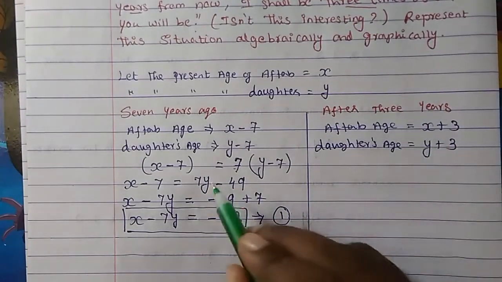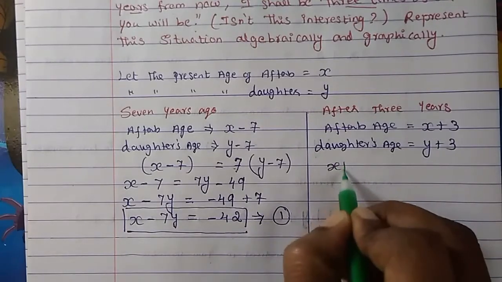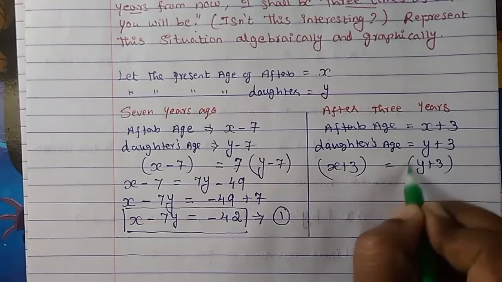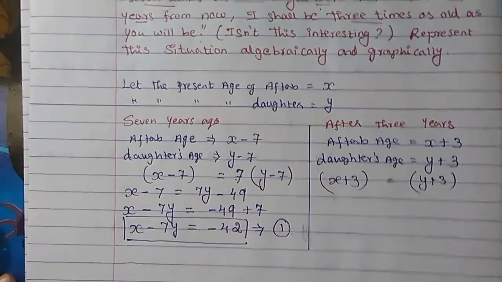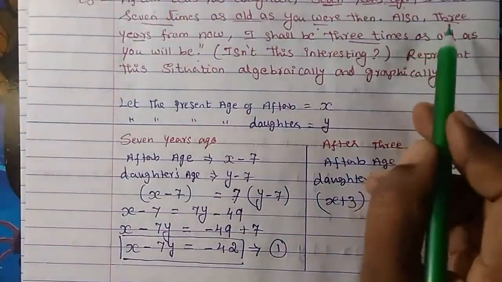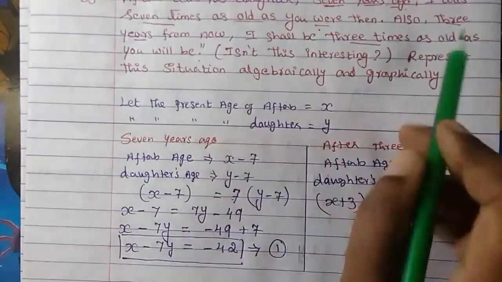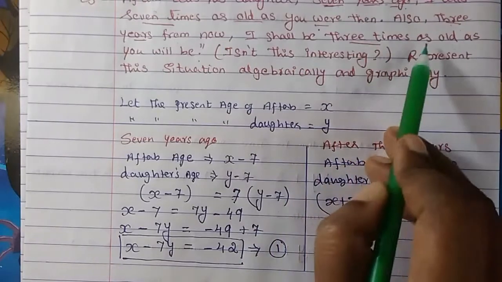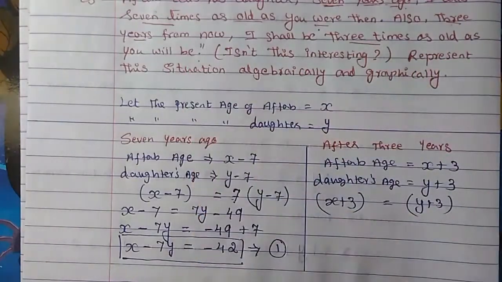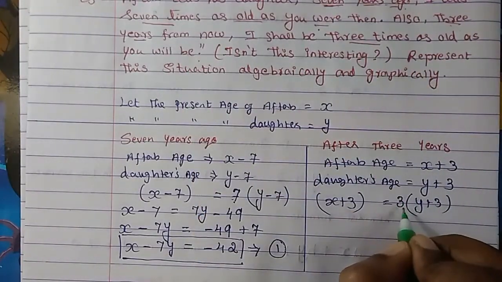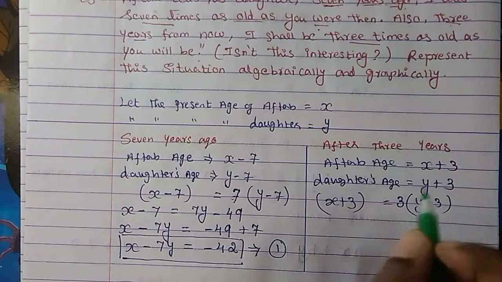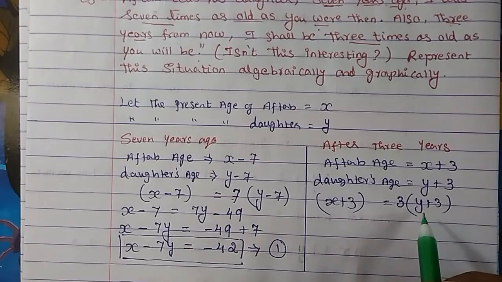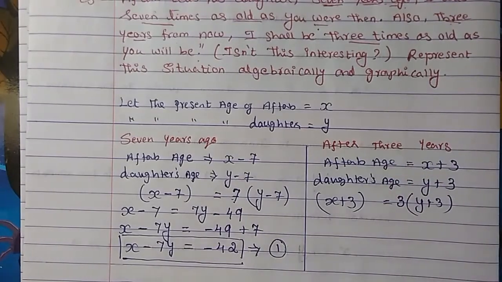So now let's put it same way. So X plus 3 and Y plus 3. So now what is written here? Also 3 years from now, I shall be 3 times as old as you will be. So 3 times as old as the daughter will be. Aftab's age will be 3 times the daughter's age after 3 years.